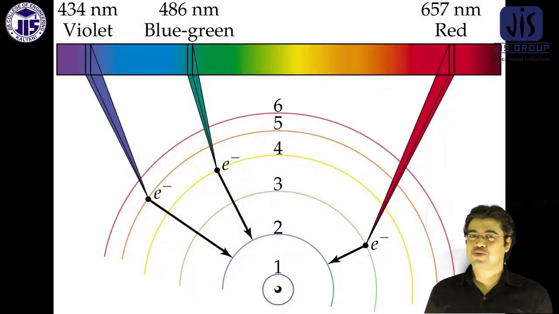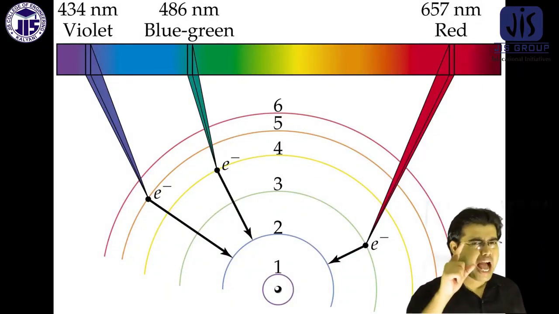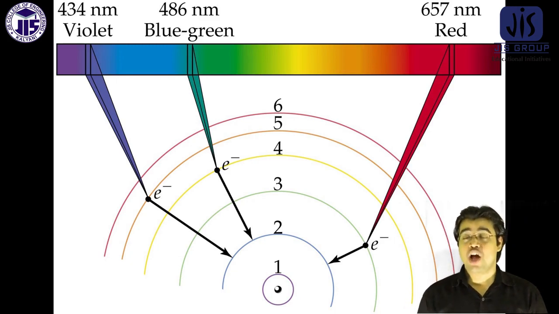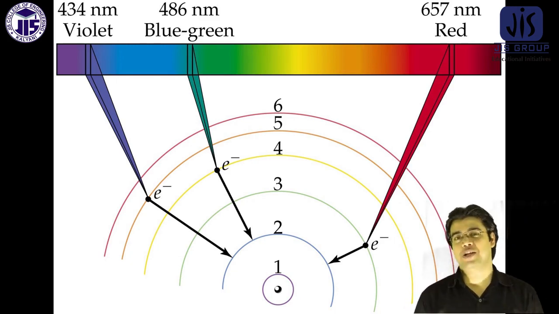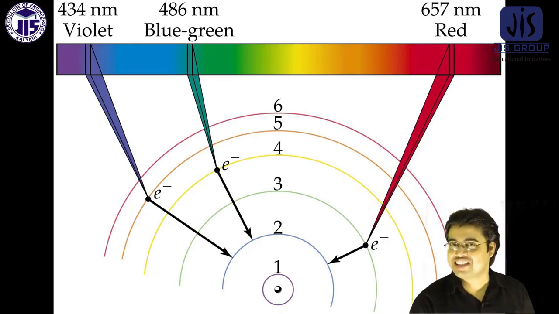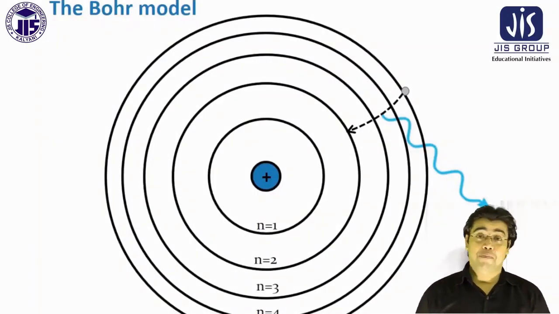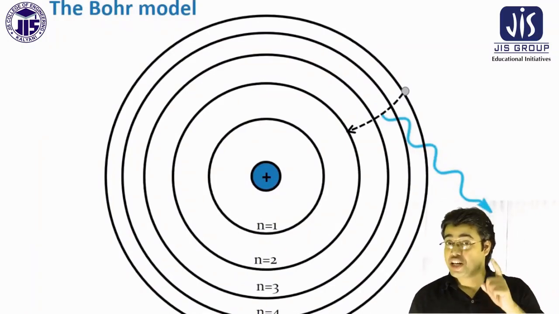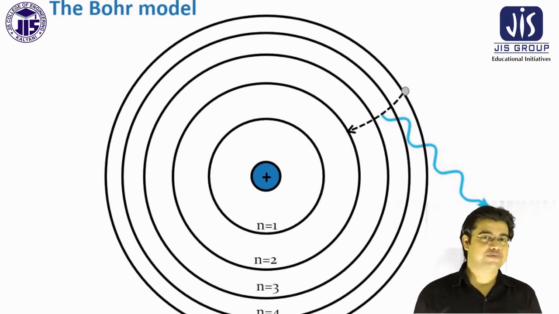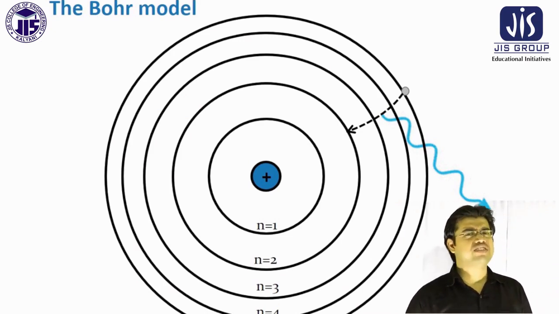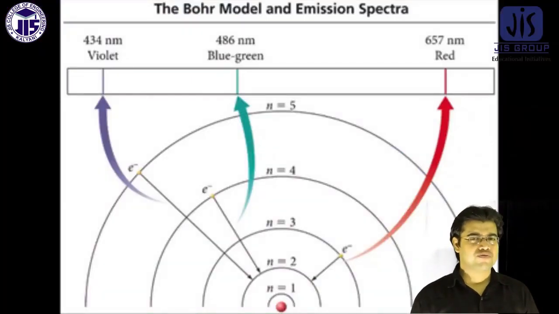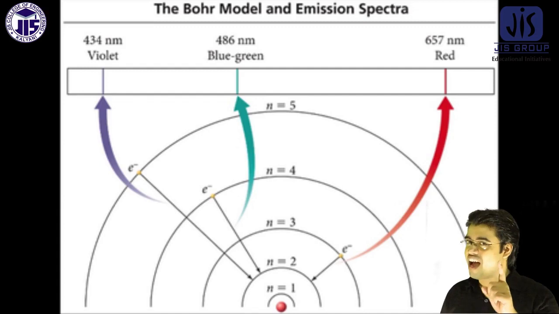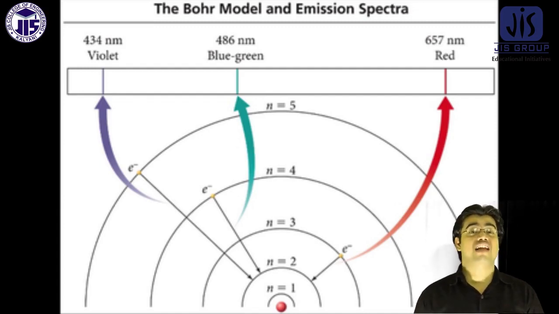When an electron is restricted in a particular orbit, it neither emits nor absorbs energy. That means we are not getting the energy continuously, so there is no question of getting a continuous spectrum. But when an electron jumps from a higher to a lower orbit, then only it can emit the energy. So sometimes we may get the energy, sometimes not, and that is the concept of line spectrum. That's why we are getting the line spectrum from the atom, not the continuous one.